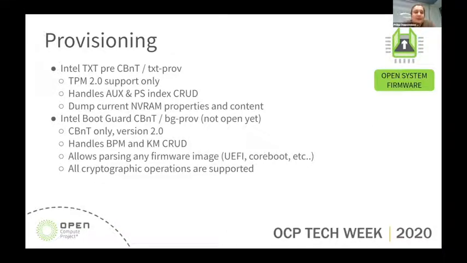We are working to release that together with Intel. It handles the BPM and KM generation. So about the structures I already talked about, which was step 1, these structures need to be generated. There's no open source tooling yet. And we can pass any type of firmware to it and also do cryptographic operations on that. That means we can sign, for example, the BPM and KM and generate it for a specific firmware.